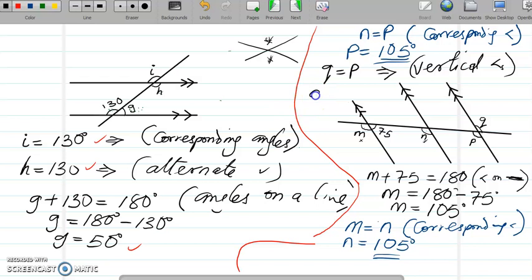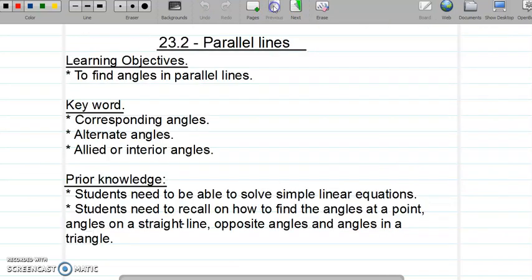So Q is 105. So this is how we solve this question. So with the help of this, you are able to identify what we mean by corresponding angles, very important.